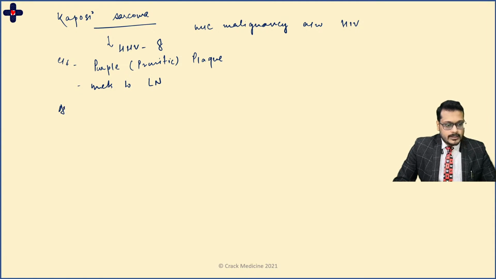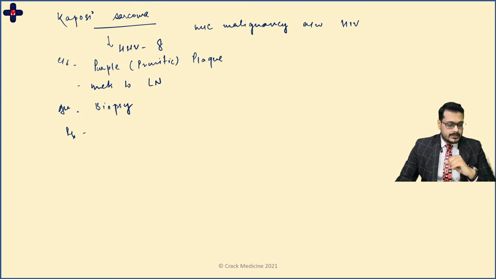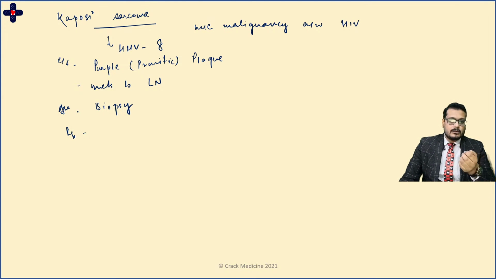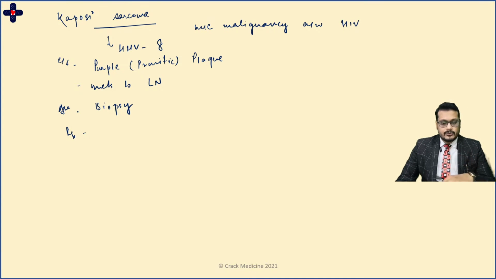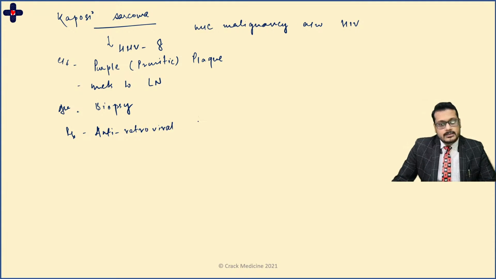Okay, and how will you diagnose it? Only with biopsy. And how will you treat it? First of all, you have to reduce the immunosuppression that would be there in certain cases. If the patient is already on immunosuppressants, please consider reducing the immunosuppressants. See, the guidelines for diagnosis, they change with each question. Okay, so if the patient is already on a certain sort of immunosuppression, then please go ahead and reduce it. And then the most important treatment will be antiretroviral agents. So for most of the things that are associated with HIV, the treatment basically is starting HAART.